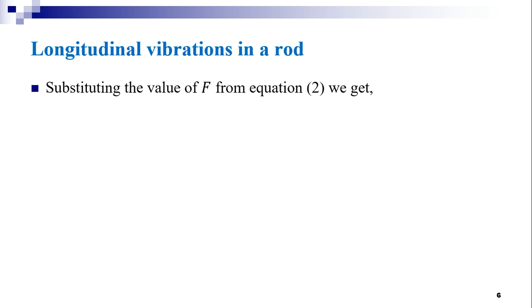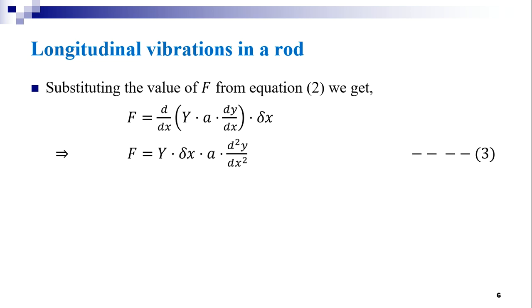Substituting the value of F from equation 2, we get F is equal to d by dx of y into A into dy by dx into delta x. That implies F is equal to y into delta x into A into d square y by dx square.